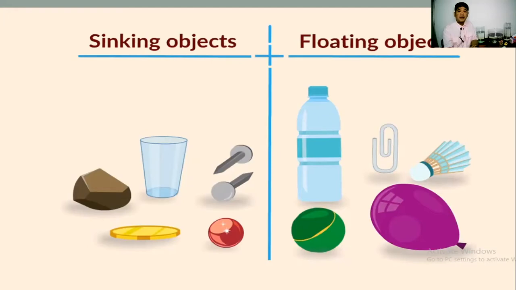Let me clarify. All objects made of metal, made of stone, made of glass are sinking objects. But if the object is made of plastic, made of paper, made of rubber, it is a floating object. Is it clear? That's right. Very good. Everybody please clap your hands. That's my students.